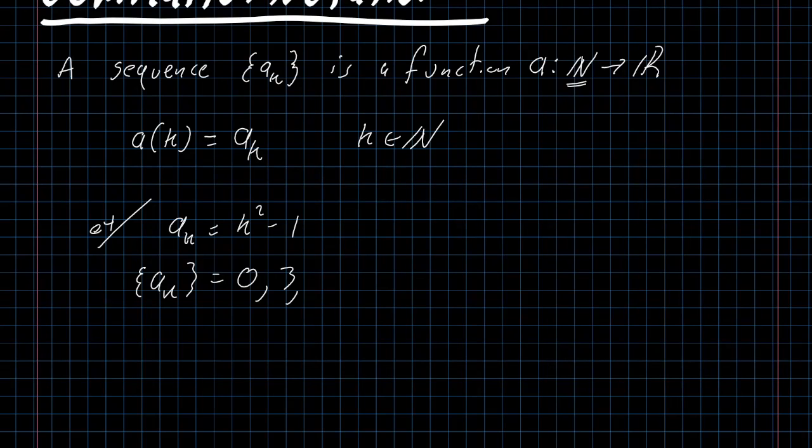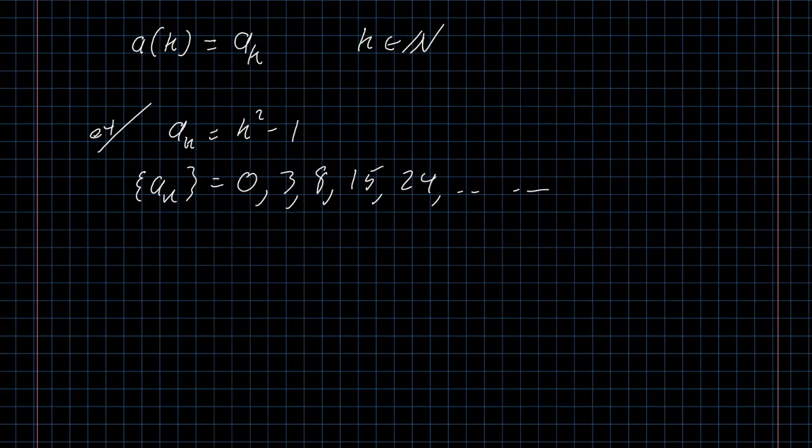Then we'll have 9 minus 1 is 8, 16 minus 1 is 15, 25 minus 1 is 24, and so on and so on. All the numbers k squared minus 1. So that's what we mean when we say a sequence.